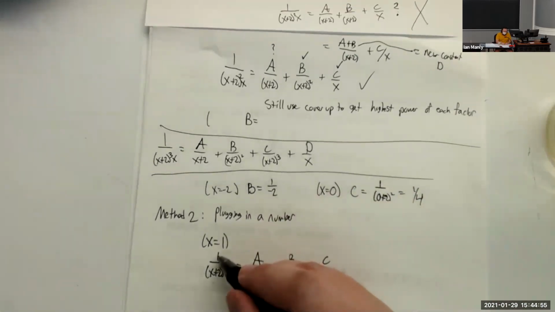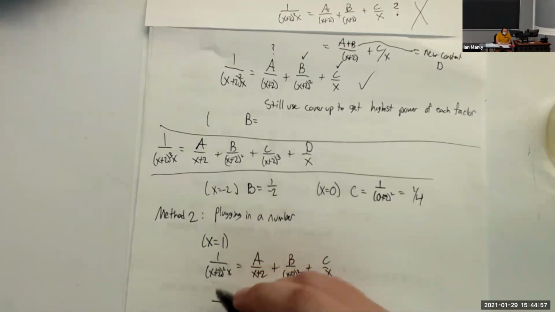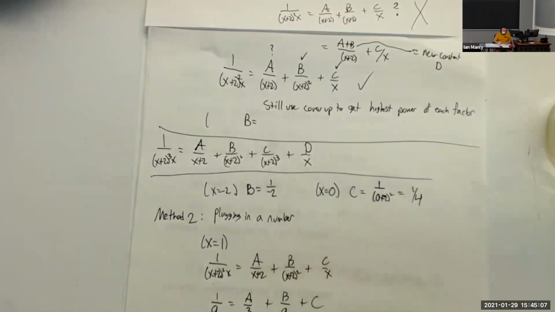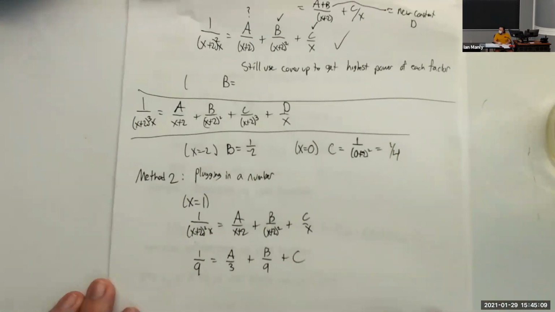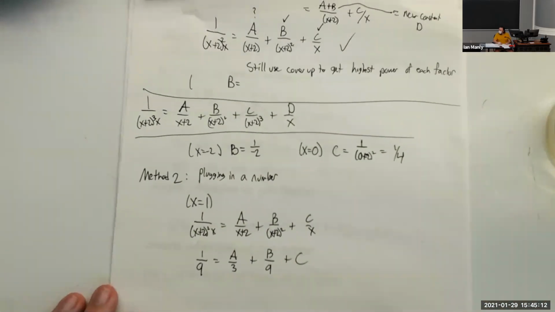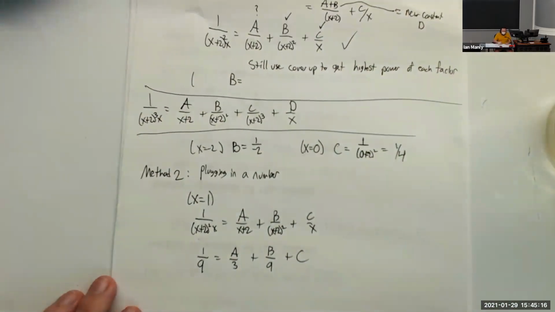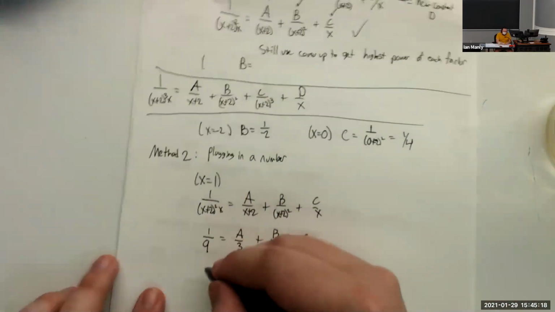So I have 1 over 1 plus 2 squared times 1, which is going to be 9. And then I have a over 3, b over 9, and c right here. Now, since we already know what B and C are, then we could just solve to get A.